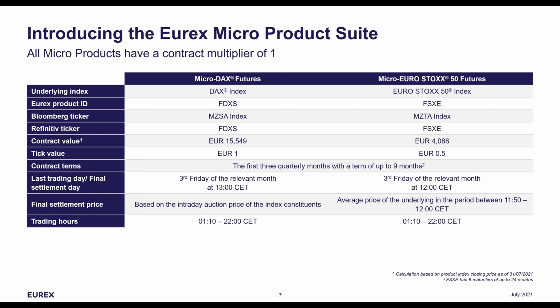The idea, the concept of the micro contract, was this: when you trade, for example, the DAX future, the DAX future had a multiplier of 25 euros per contract. That means when you buy one DAX future contract and the index goes up 1 point or goes down 1 point, the price change is always 25 euros.